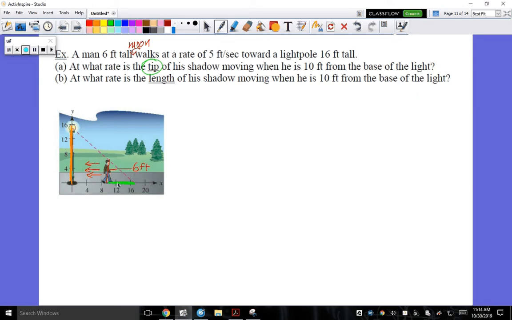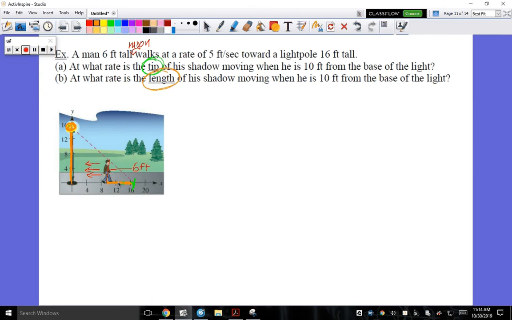Because it's a light, it's emitting, it creates this shadow on the ground. The tip is just referring to, at the tip of his shadow, how fast is that moving? Whereas the length is talking about the entire length.